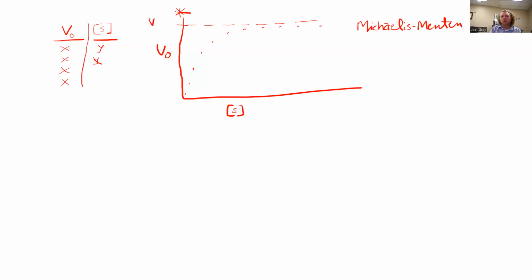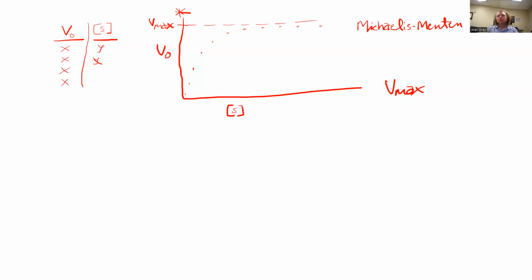It reaches a Vmax. Now, Vmax is an important kinetic parameter for any enzyme that you study. You want to know basically how fast this enzyme can possibly go when we give it an infinite amount of substrate. No matter how much extra substrate we add, the velocity simply is not going to increase.